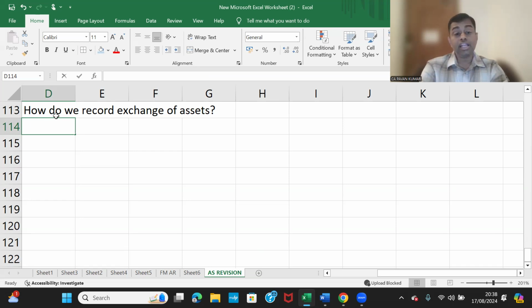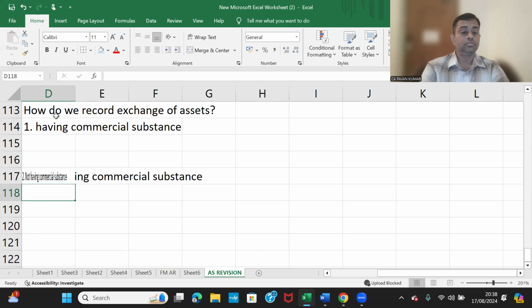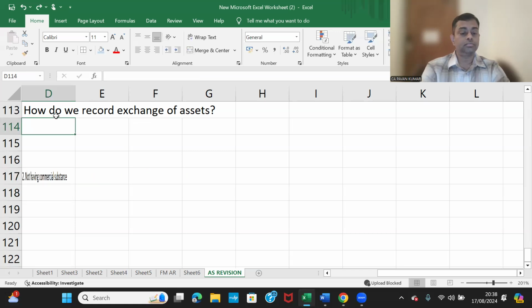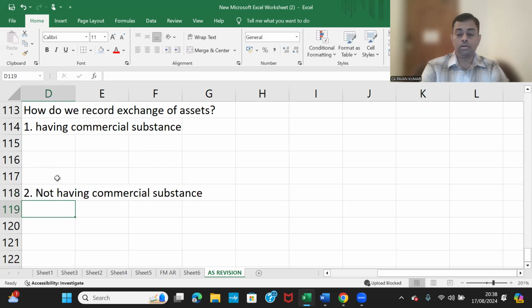One is exchange of assets having commercial substance, and two, not having commercial substance.